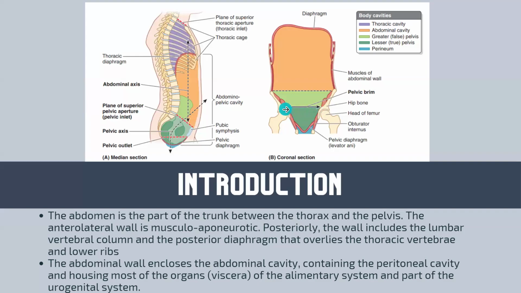The pelvic brim is an imaginary line between the medial side of the acetabulum on both right and left, while the false pelvis in the light green color is bounded by an imaginary line between the anterior superior iliac spines. And this false pelvis goes up posteriorly to the third lumbar vertebra here. So the abdominal cavity is inside here and it goes down to the true pelvis, while the false pelvis is here.